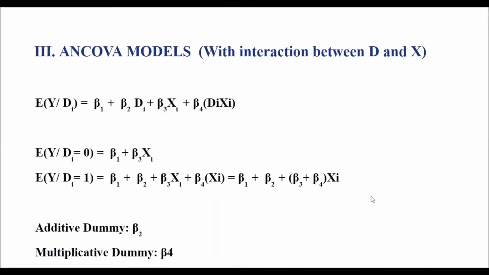Now what is an additive dummy and multiplicative dummy? The coefficient of the additive dummy beta 2 helps us to see if the difference in the intercept across categories is statistically significant, and the coefficient of the multiplicative dummy, that is beta 4, tells us about the statistically significant difference between the slopes. So the additive dummy beta 2 tells you the statistical difference in intercept, whereas the multiplicative dummy beta 4 tells us the statistical difference between the slopes.